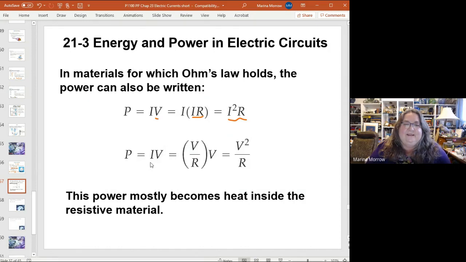So instead of substituting for the voltage, we substitute for the current, which is voltage divided by resistance. We're multiplying by voltage, so we end up with V squared over R.